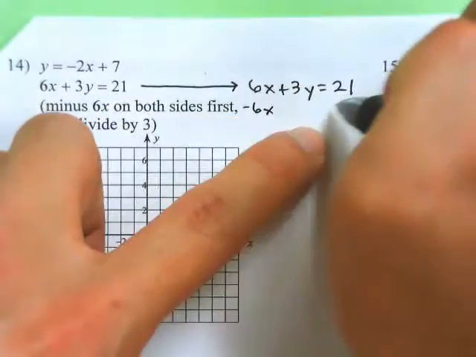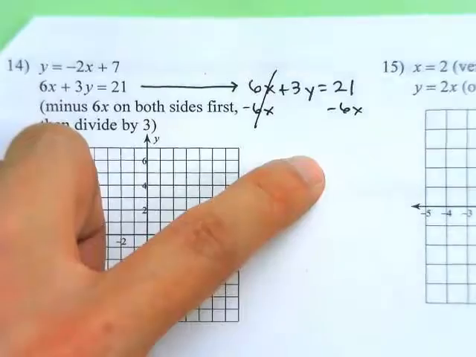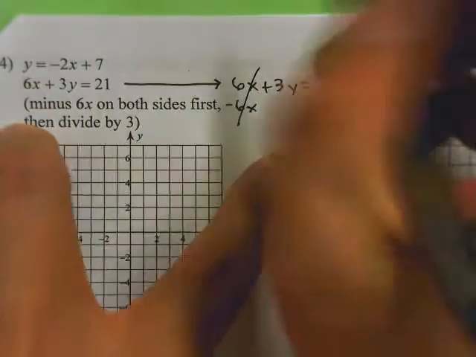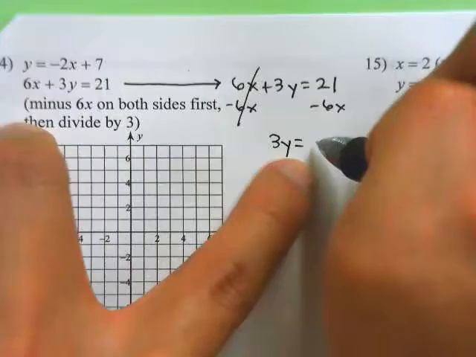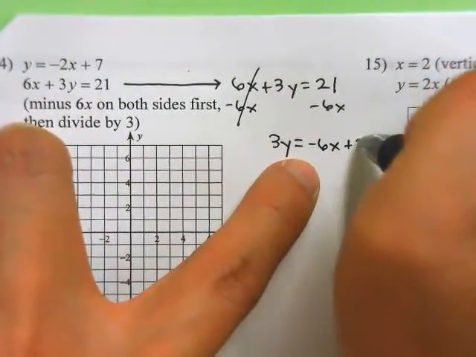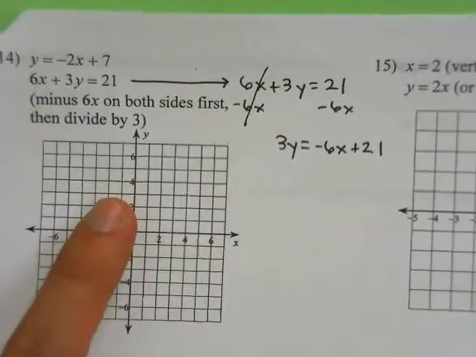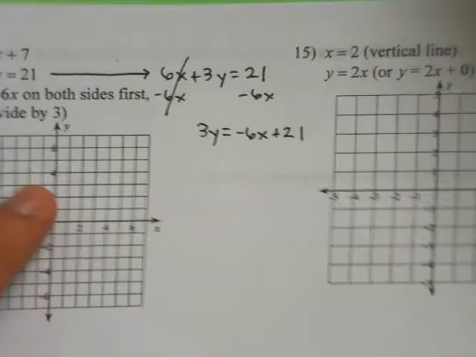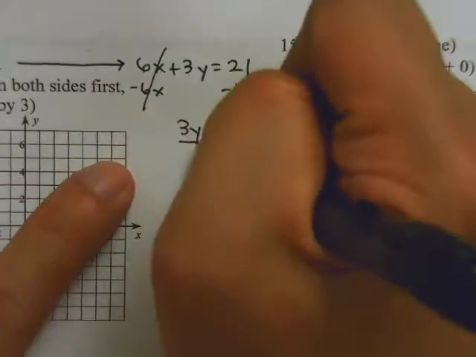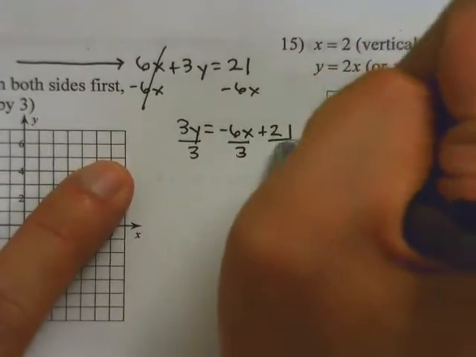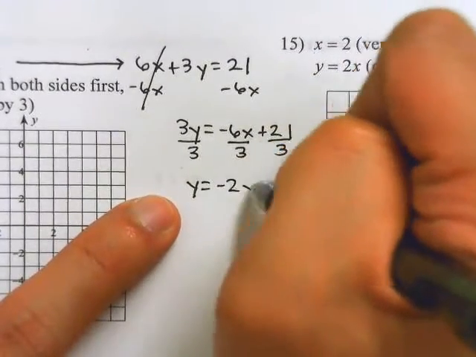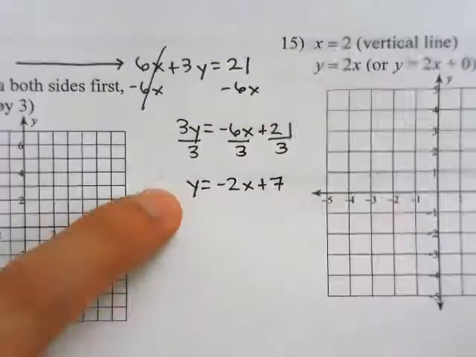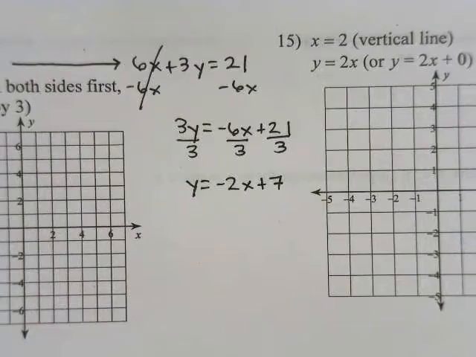So minus 6x, minus 6x. 3y is equal to, okay, be careful, these are not like terms, negative 6x plus 21. Okay. And then divide everything by 3. y is equal to negative 2x plus 7. And then you guys will deal with that a little bit later.